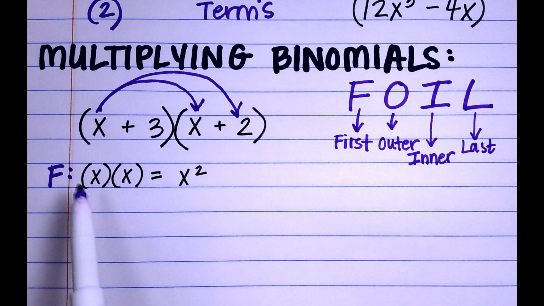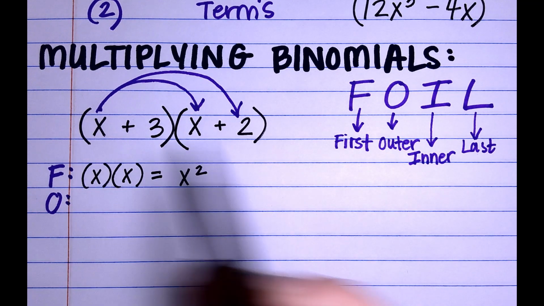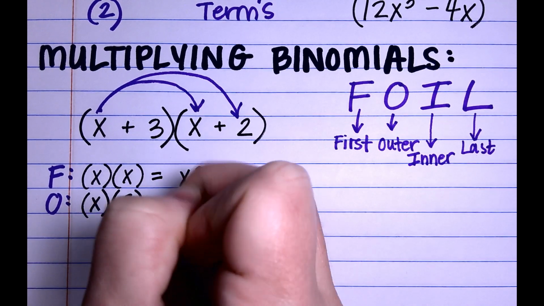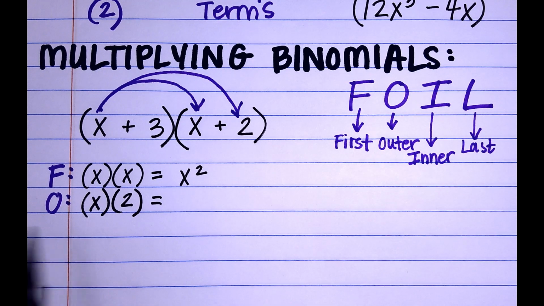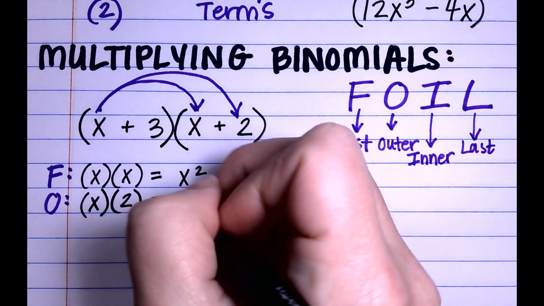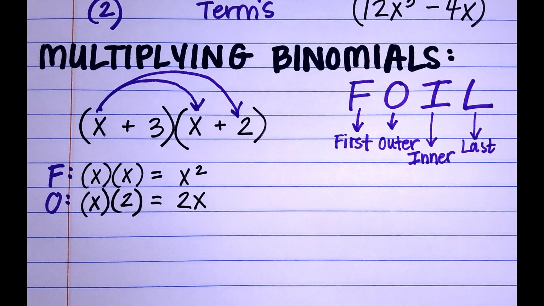So now I'm doing O, outer, x times 2. Now what is x times 2 or 2 times x? 2x. Good. 2x.